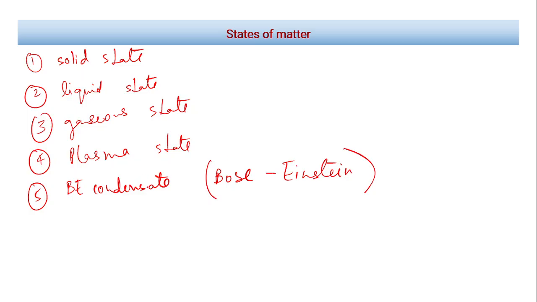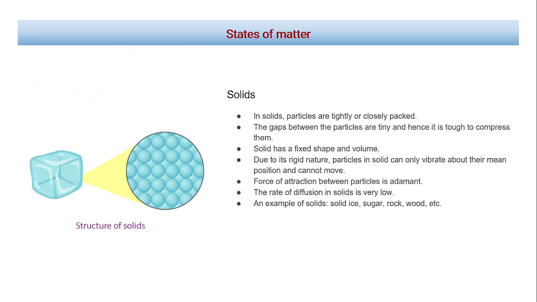That's why this particular state of matter has been named after these two scientists. So out of these five, these four we usually see around us, and the first three are very common. Plasma state, okay, that we'll discuss, where we see it and why it's not common to see around. Okay, so moving forward.